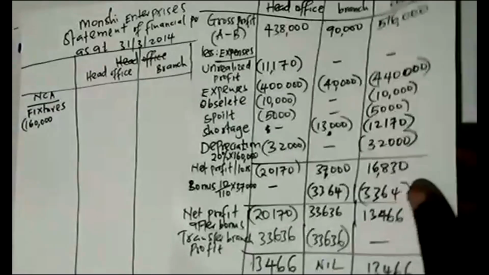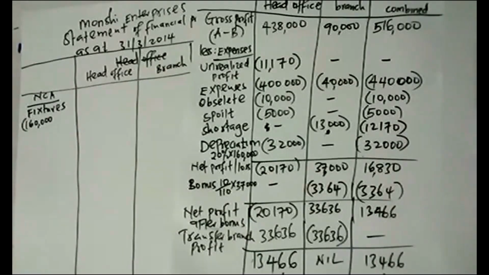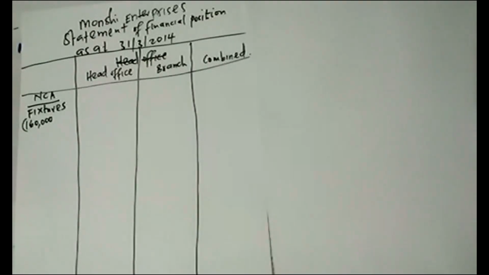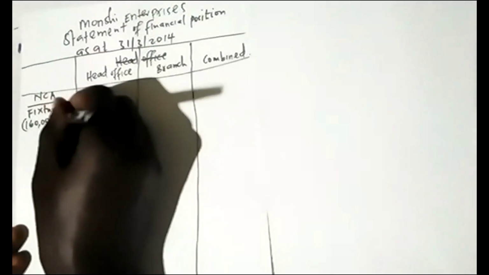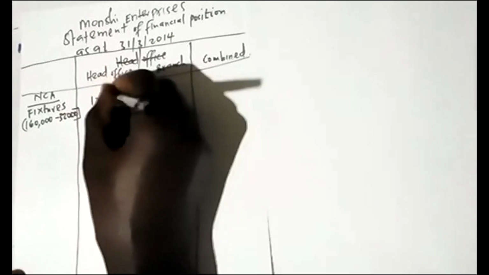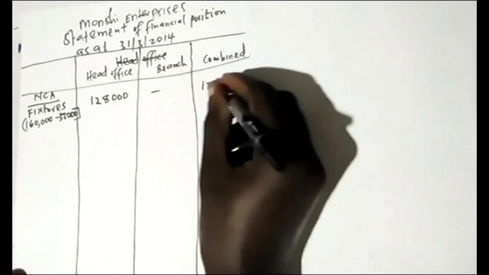We got 20% on that. You can check note 5. They said 20%, so we got 32,000. If I take 160 minus 32, that is 128. And it was on the head office only. Then you take under combined also.